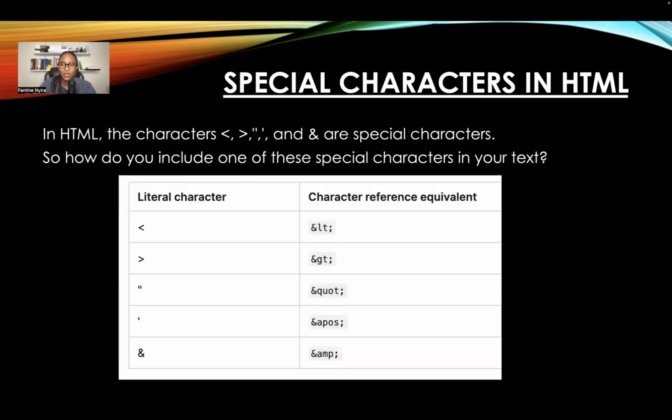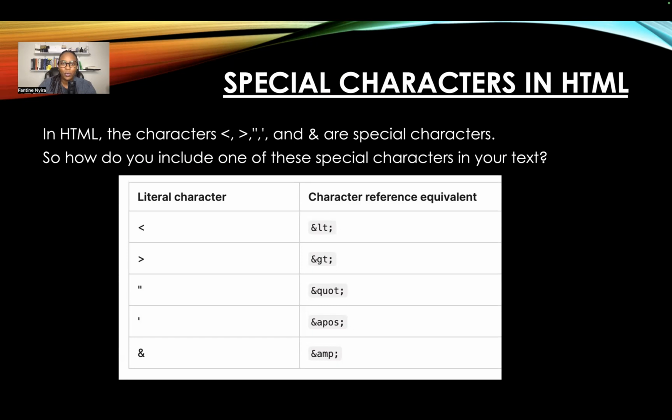So there are some special characters in HTML. If you see a tag, it starts with less than and we close it with greater than. If we use these, the browser will not know if this is the opening of a tag or something else.